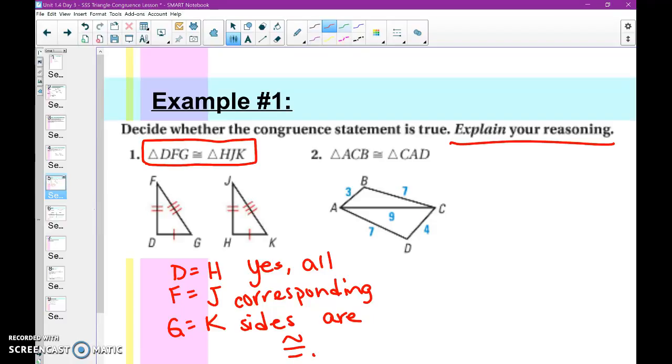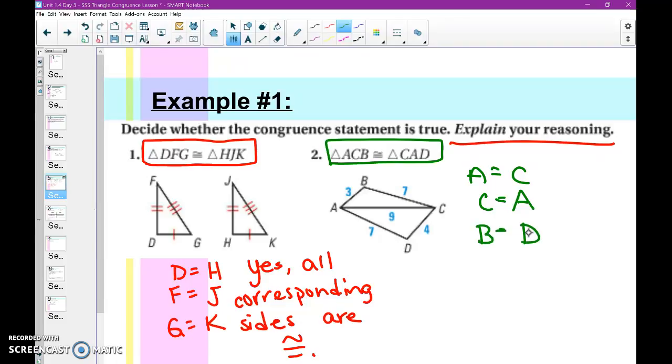Okay, so number one is a yes, it is, and I did explain it, which you need to do. So looking at the second one now, again, check our statement. We've got A should match with C, C should match with A, and B should match with D. And we're referring to each triangle. So ACB, we'll mark that as triangle 1. CAD is this bottom one. So that's triangle 2. So looking at our picture, AB should match with CD.